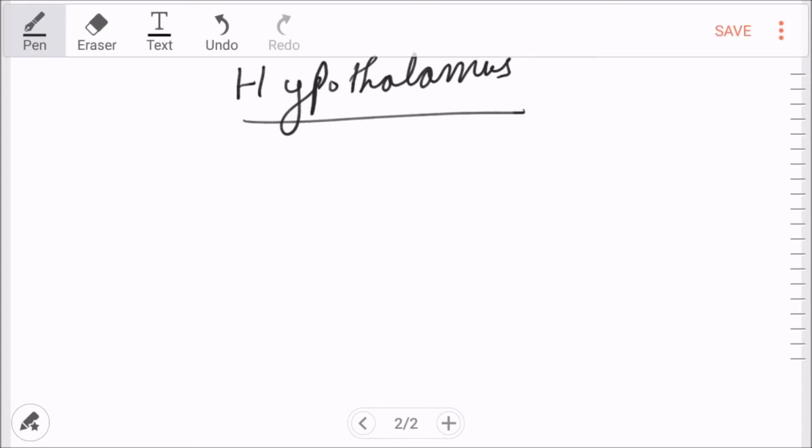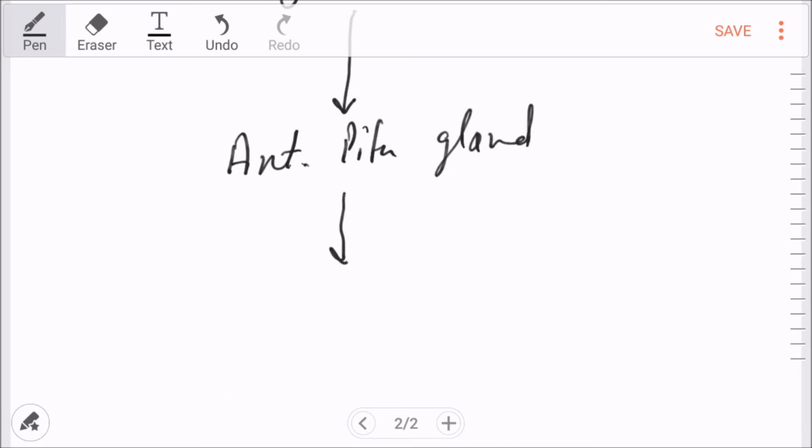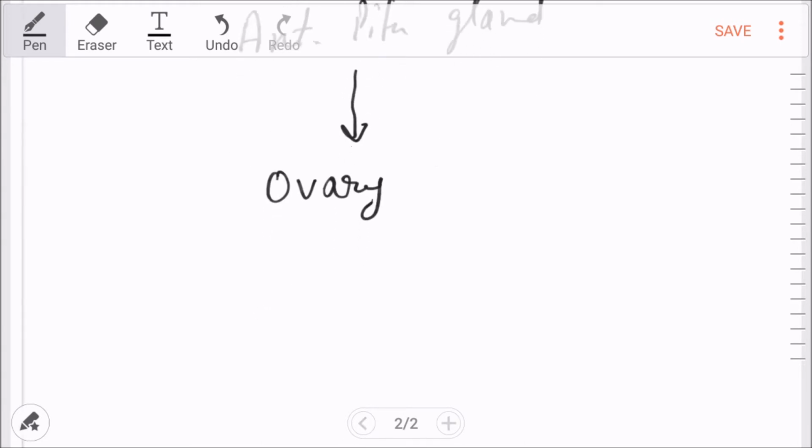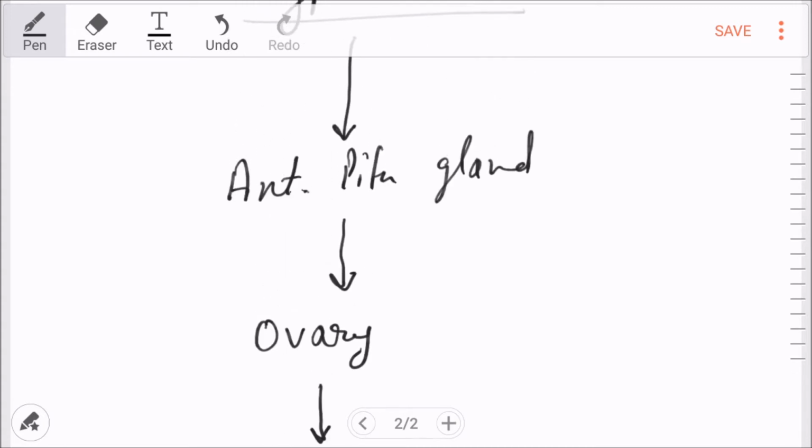Hypothalamus is the main. Then it gives signals to anterior pituitary gland, and further anterior pituitary gives signal to ovary. Then ovary gives signal to uterus. This is the sequence, and we will explain one by one.